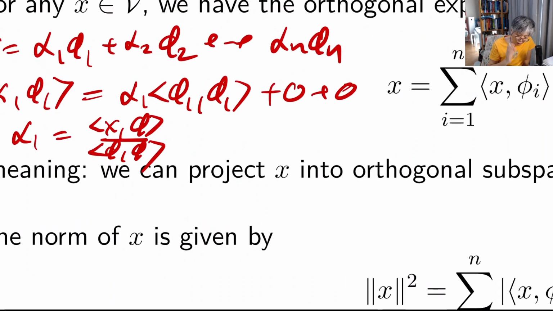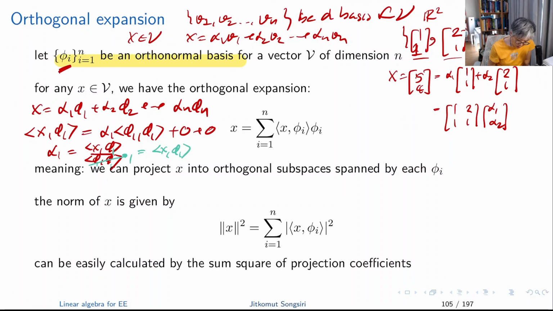Moreover, because my basis vectors are orthonormal, not only are they orthogonal, but they have a unit norm. So phi 1 has a unit norm. That's why the coefficient alpha 1 is just the inner product of x with phi 1.